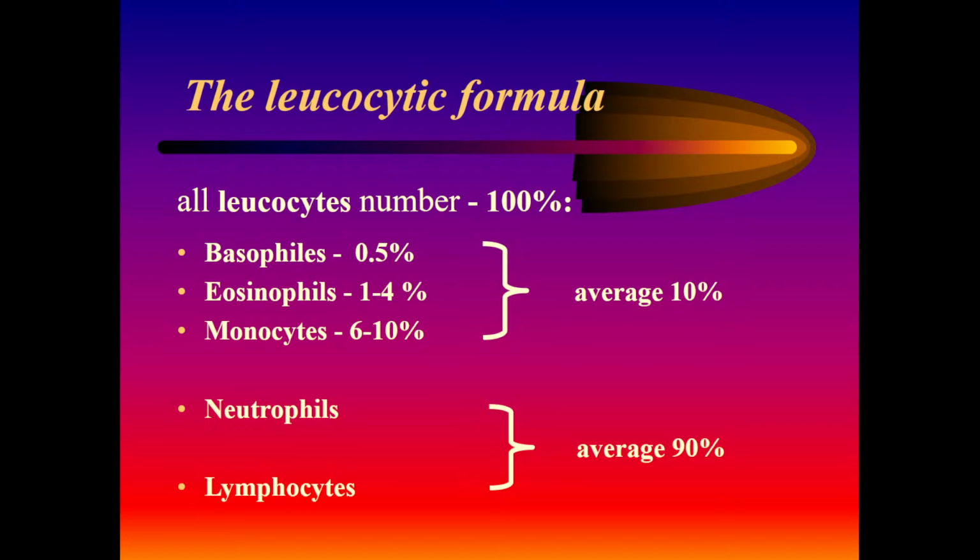Neutrophils and lymphocytes make up, of the leukocytes number, on average 90%.